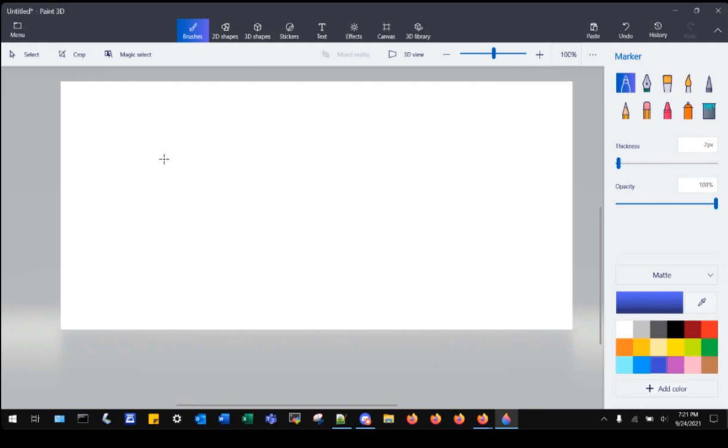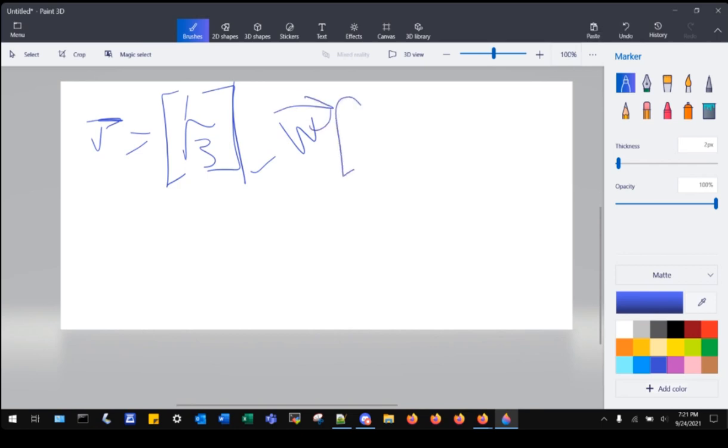Seven A says find the angle, cosine theta, between the vectors v equals (1, root 3) and w equals (1, 0).